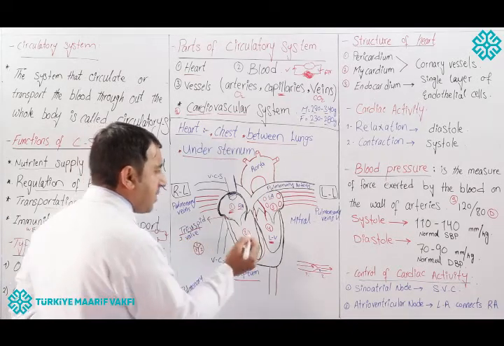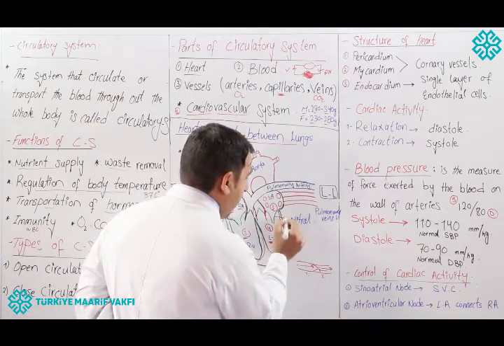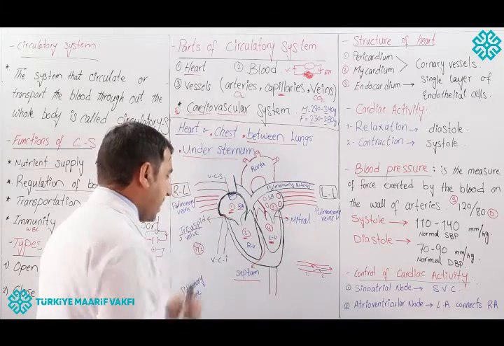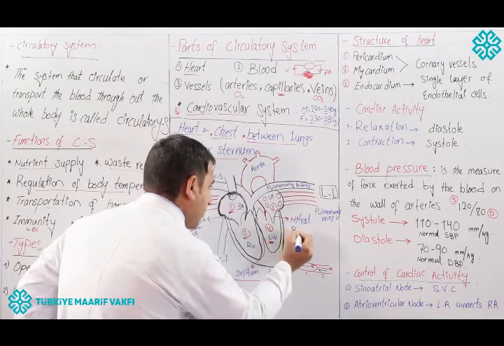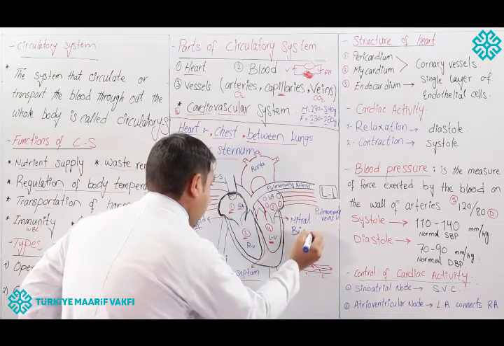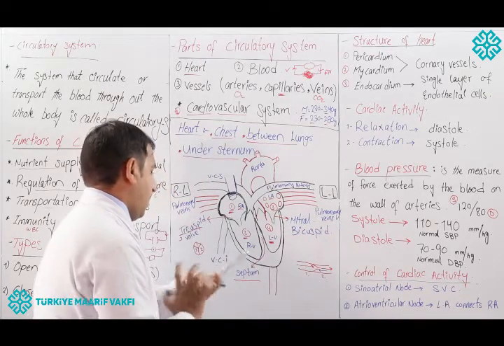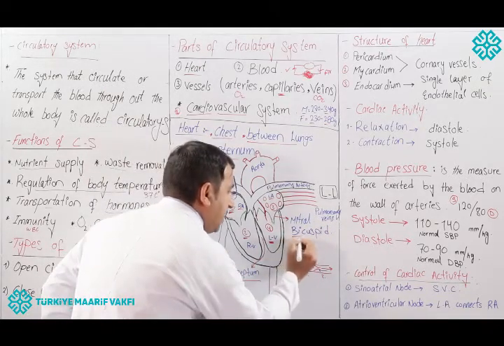And on the left side, we have a mitral valve, or we can also say bicuspid. What? Bicuspid. Bi means 2.